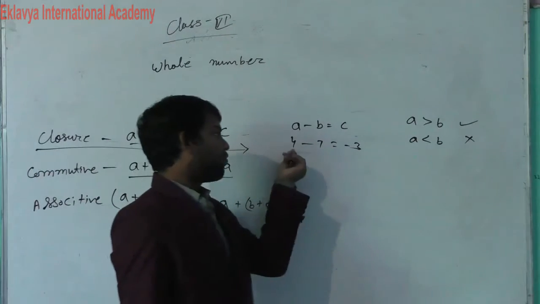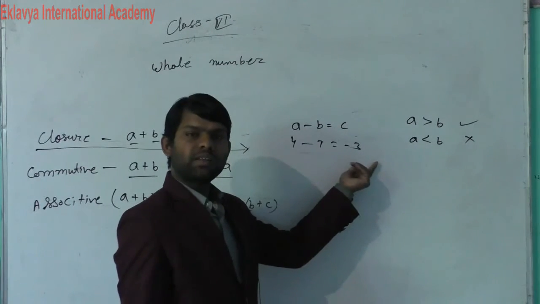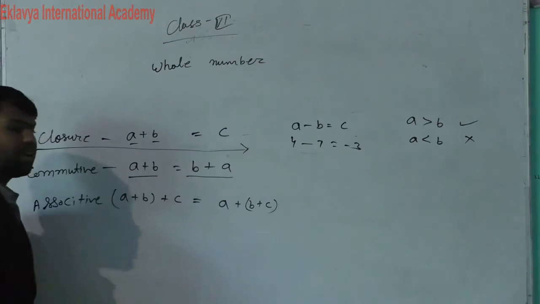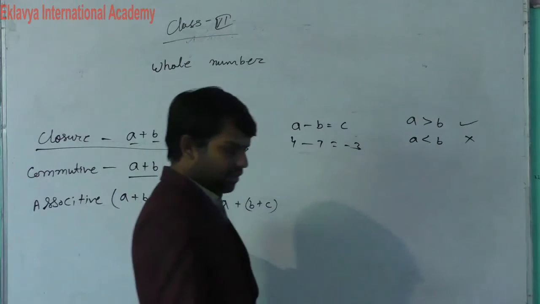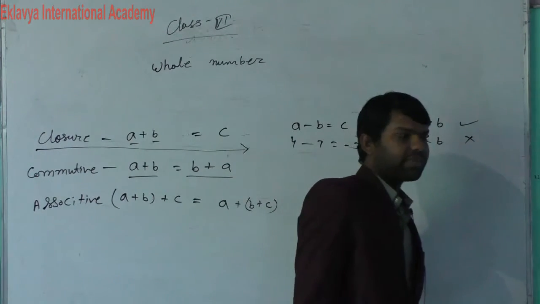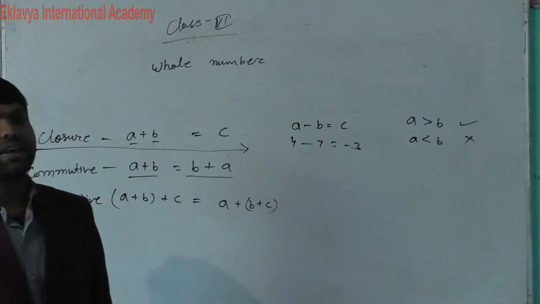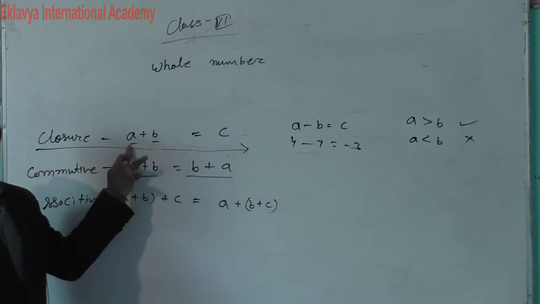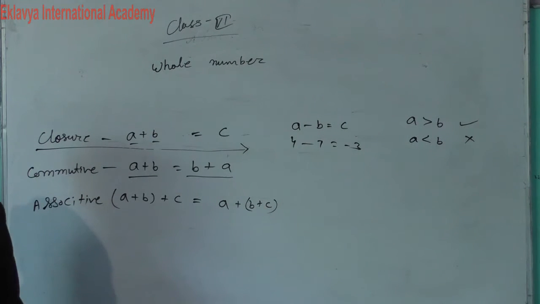Here 4 is smaller than 7, so we can't get a whole number. So we cannot apply the closure property, because our closure property statement is that if we subtract two numbers, or we add, or apply any type of operation on two whole numbers, then the result will also be a whole number.